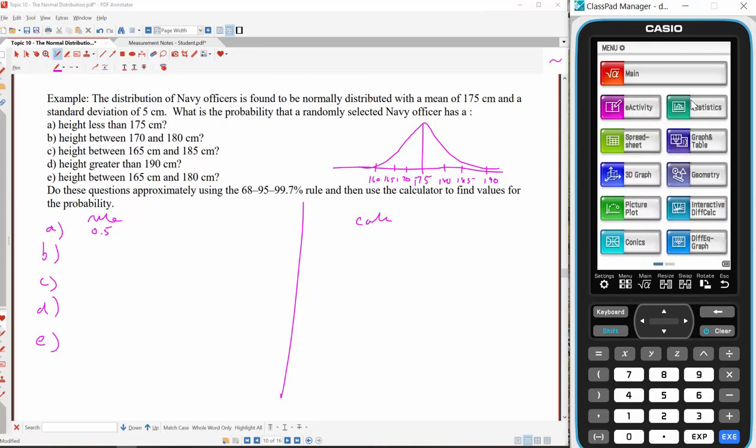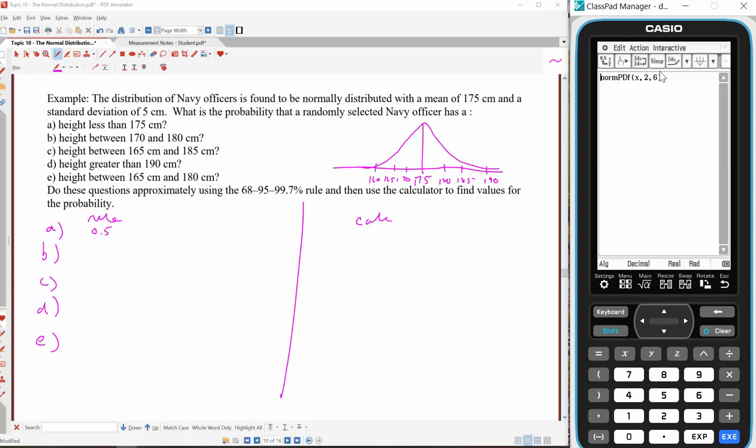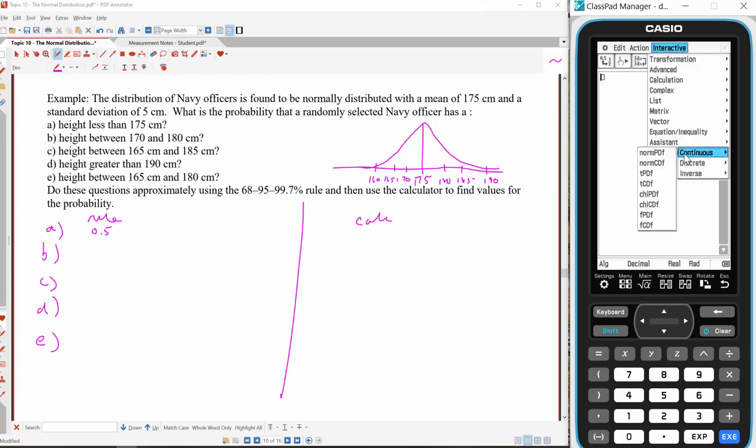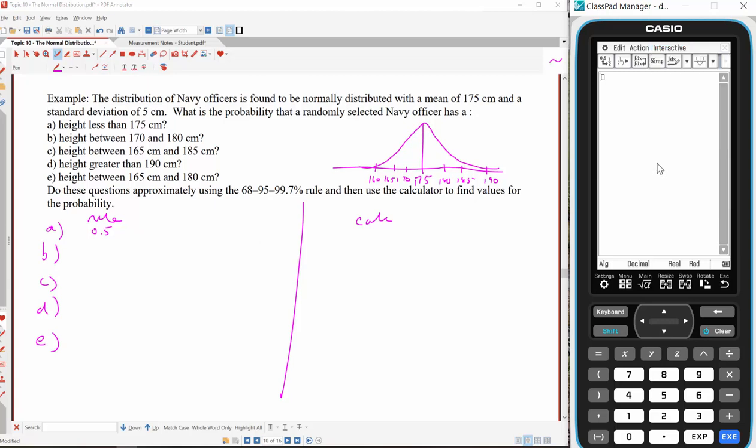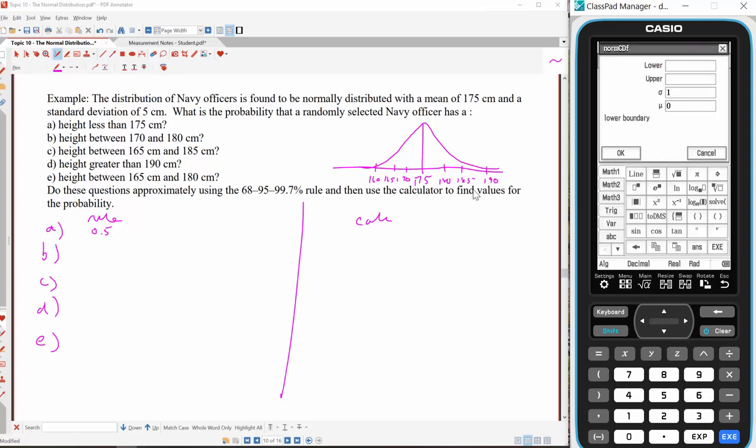So what I want you to do when you write your notes on this section is make sure that you write down the calculator syntax. That's going to be really important. So we're going to go to interactive distribution, continuous distribution, and we want normal CDF. That's cumulative. What's our lower value? Our lower value is actually negative infinity. Remember, this curve extends infinitely in the negative direction of x.